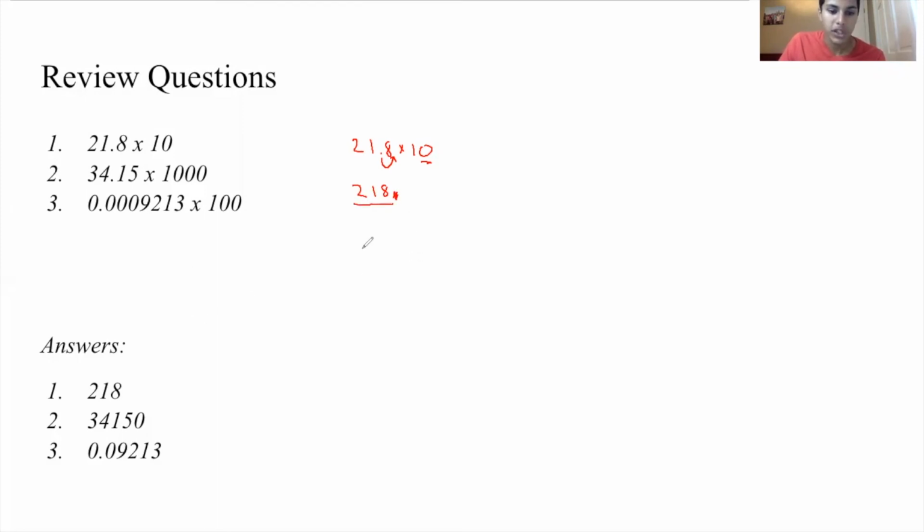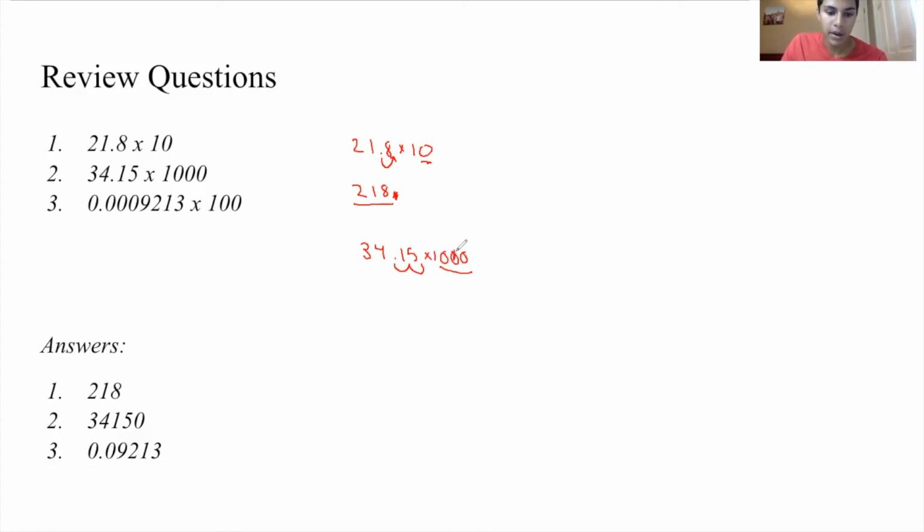For the second question, we have 34.15 times 100, or sorry, times 1,000. All right, 1,000 has 3 zeros, so we want to move the decimal point 3 spots to the right. So move it 1 spot, 2 spots, and then we run into the problem. Again, we're going to do the same thing as last time.